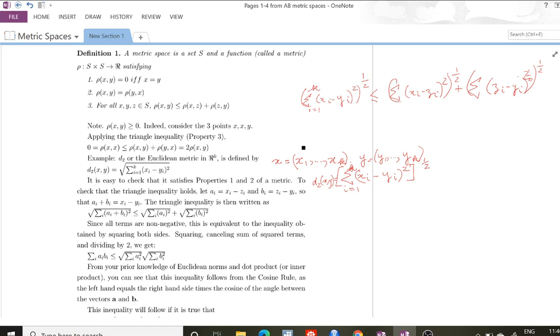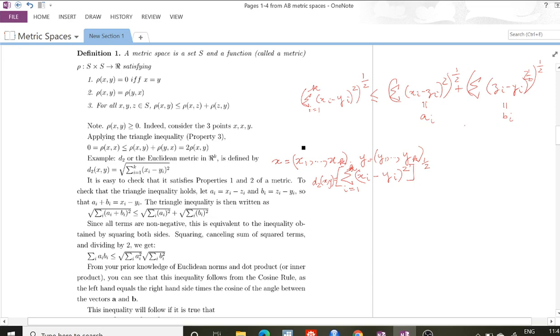And one standard way is to say that, hey, let's just give these some easier names. So let xi minus zi be called ai, and zi minus yi be called bi.